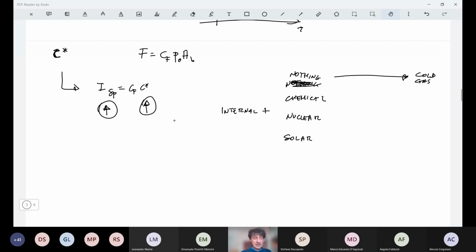What we can do with chemical energy? We can use it to directly heat our fluid through combustion. That means exothermic reactions, or we can obtain some electricity. This is just to recall what we have said at the beginning. And similarly with nuclear energy, we can, let's say, provide heat in some way, or we can pass through electricity.